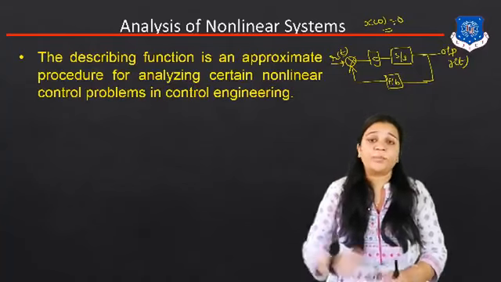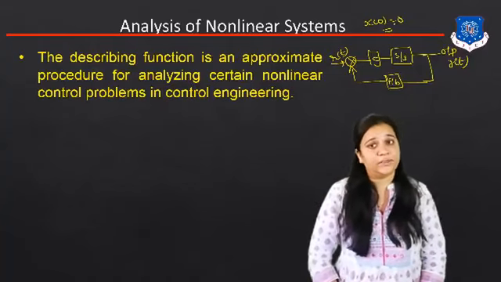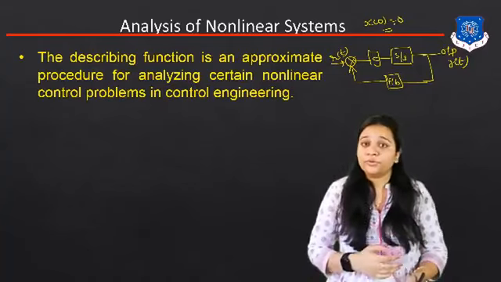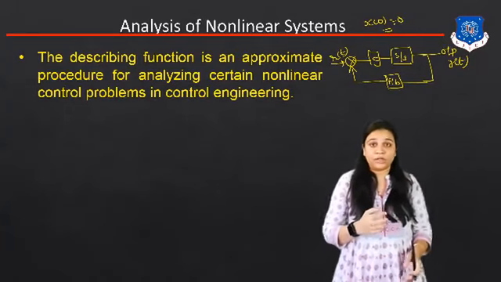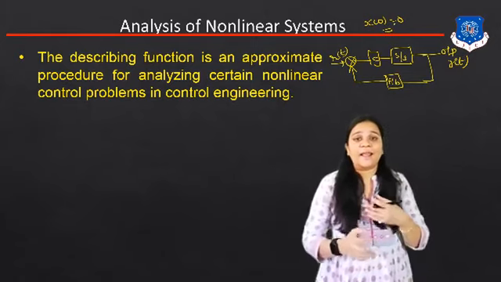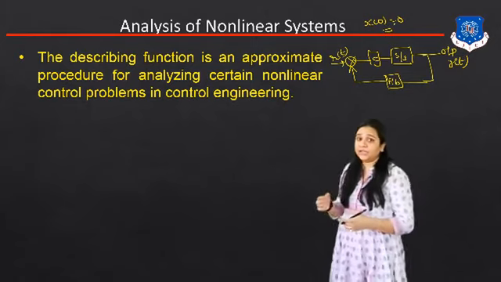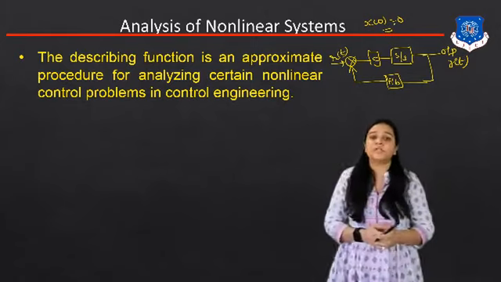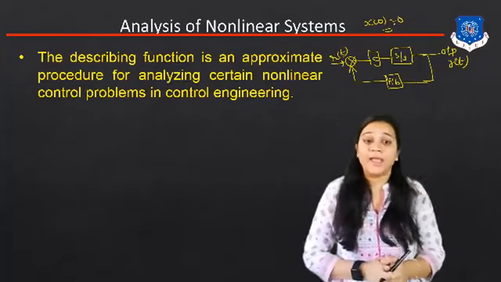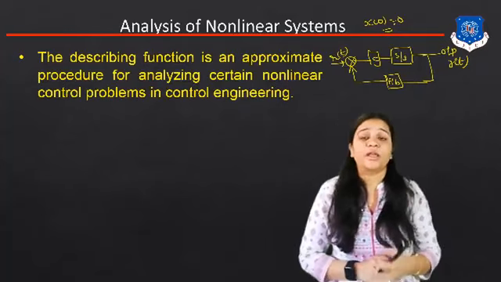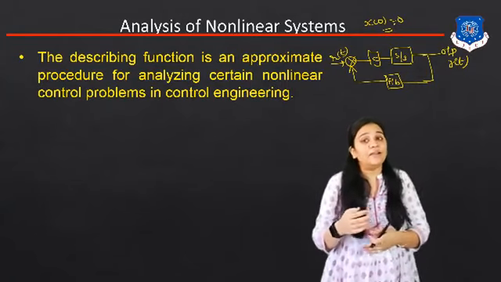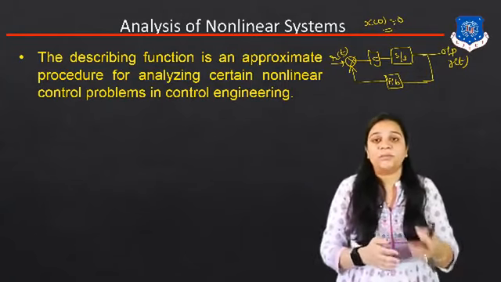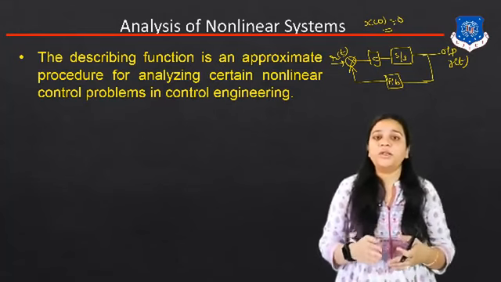Now our first topic is the analysis of nonlinear systems. We use the describing function, an approximation method, for analyzing certain nonlinearities in control problems in control engineering. As we discussed earlier, we cannot apply the root locus, the Routh stability test or the bilinear method to find out the stability of a nonlinear system.